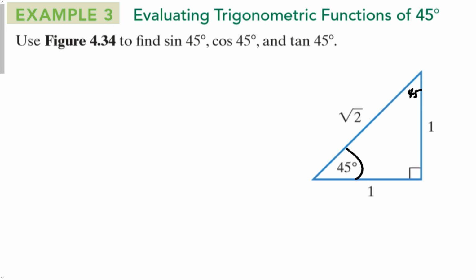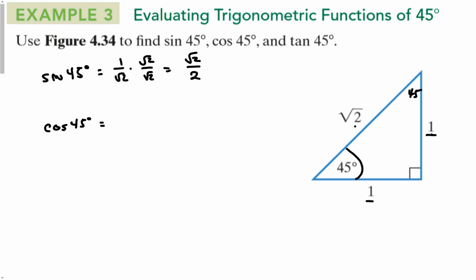So if I'm looking at this 45 degrees here in the lower left, if I want to find the sine of 45 degrees, we see it's the opposite over the hypotenuse, which you can't leave like that, so we get the square root of 2 over 2. Hopefully, you recognize that from the last section. The cosine of 45 degrees is, again, that was the opposite. Now we have the adjacent.